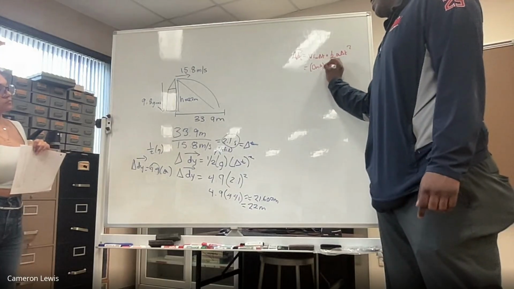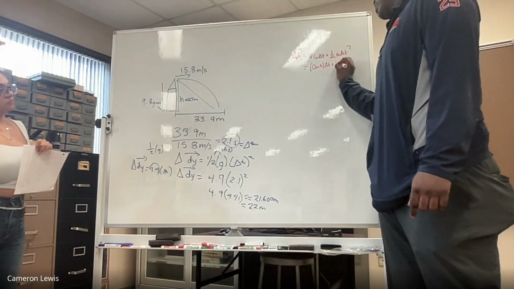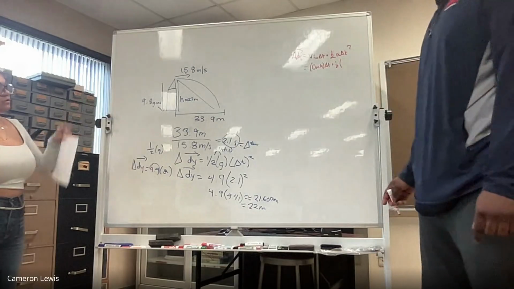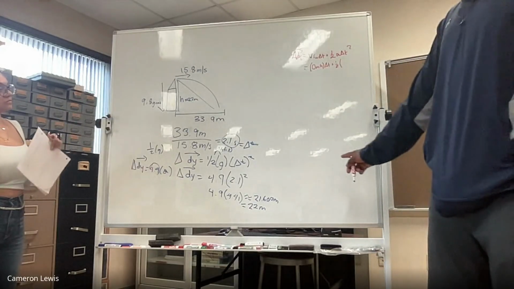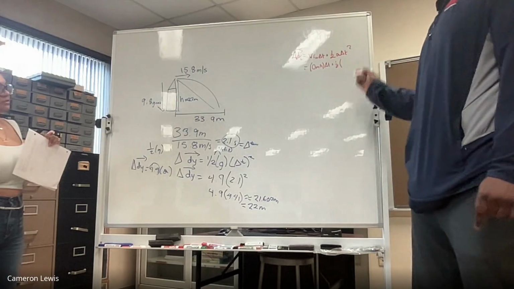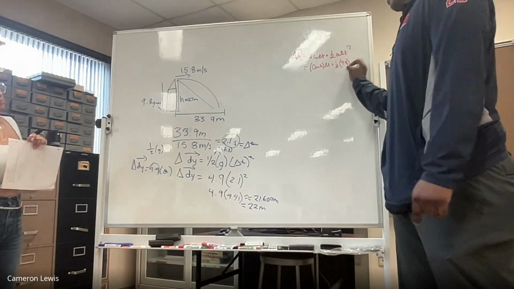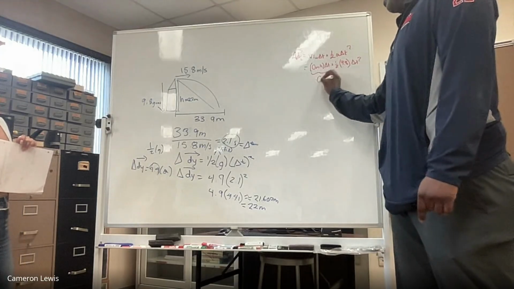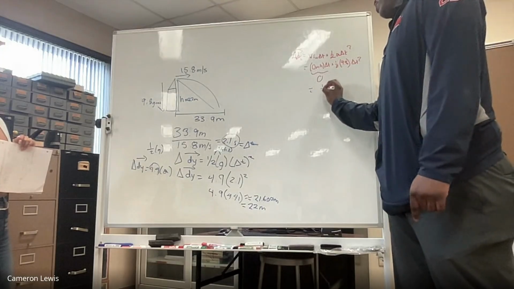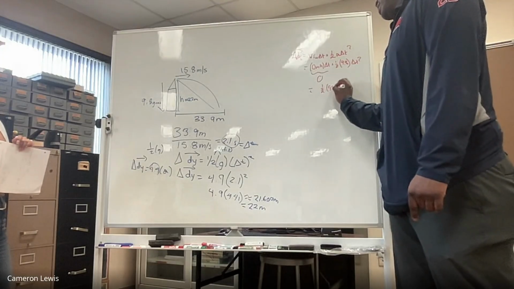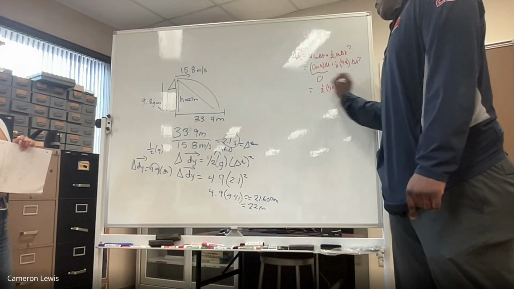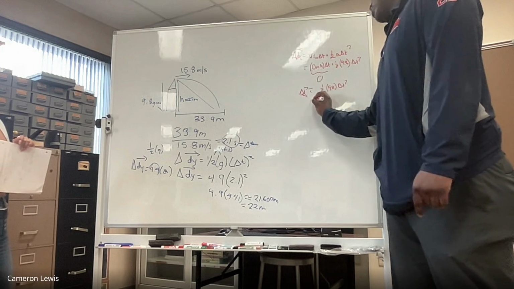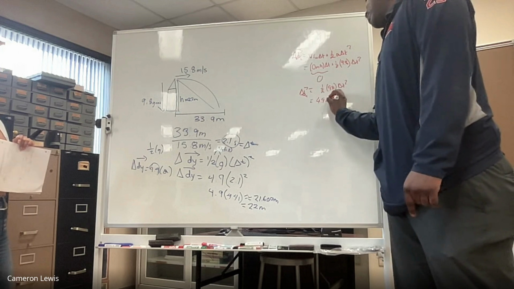So we have 0 times time plus 1/2 acceleration, which we know is what? Acceleration due to gravity, 9.8, right? So this is where you get your 4.9 from. This is 0, so now we have 1/2 of 9.8, which then turns into 4.9.